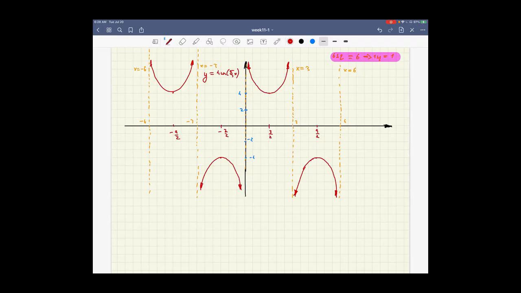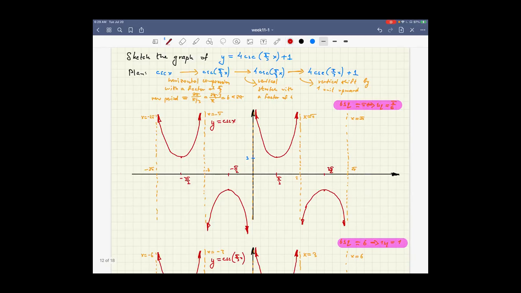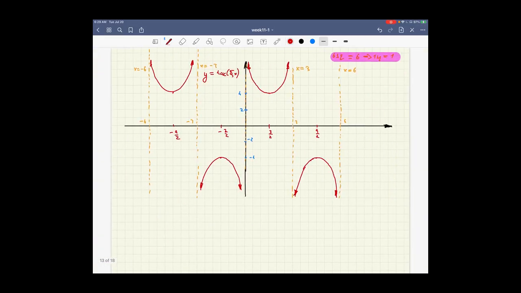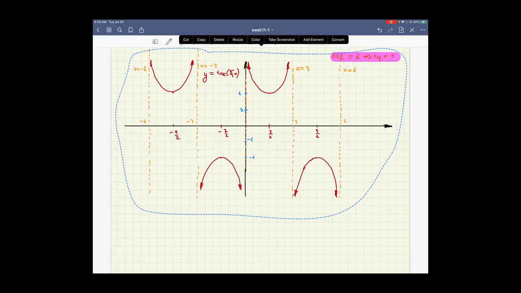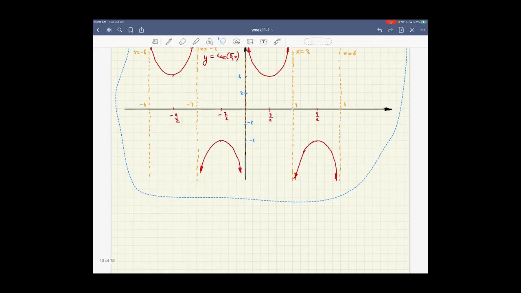All right, so this is 4 cosecant, not cosine, of course. And finally, to get 4 cosecant pi over 3x plus 1, we need to shift this last graph by 1 unit upward. And I should carefully redraw all curves again.